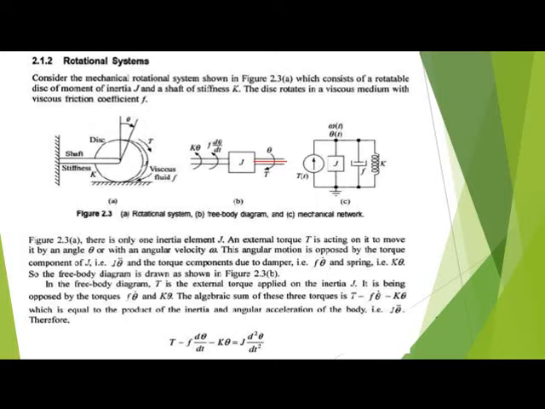Then it is connected to the spring, that is the torsional spring with stiffness K.